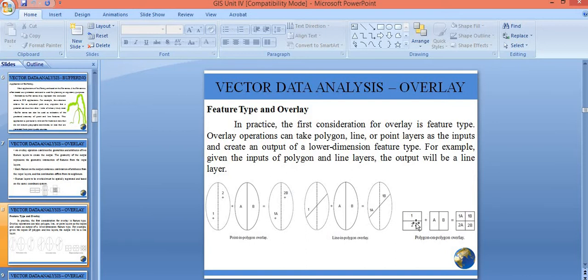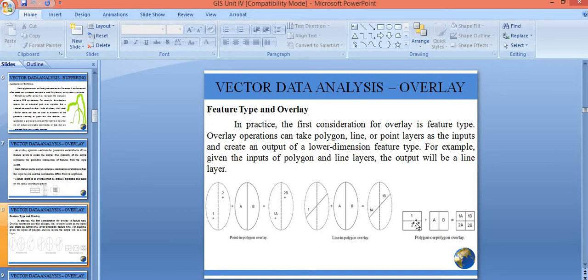Whenever you perform overlay operation between two layers, in the result you will be getting the lower dimensional one. In one layer if you have point, in another layer if you have line, then the result you will be getting only point, because point is the lower dimension one.